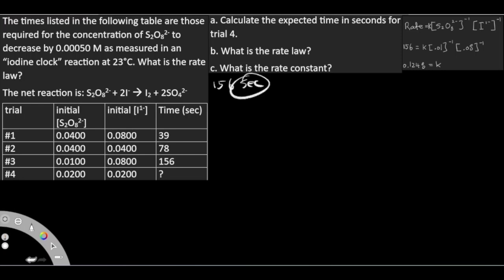Okay, so the seconds, we'll abbreviate it as S, and it's going to be equal to our K, and this over here was our S2082 minus. So we're going to put our 0.01 that we got over there. As you can see, it's just mirrored over there. We found its exponent to be -1, so our exponent for our m exponent was -1, and then for n over here it was -1.